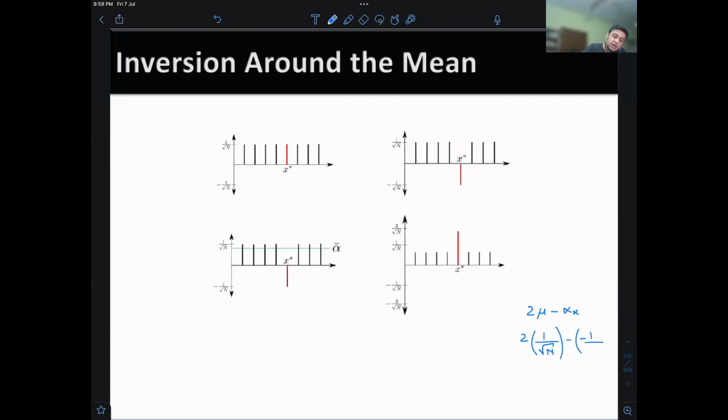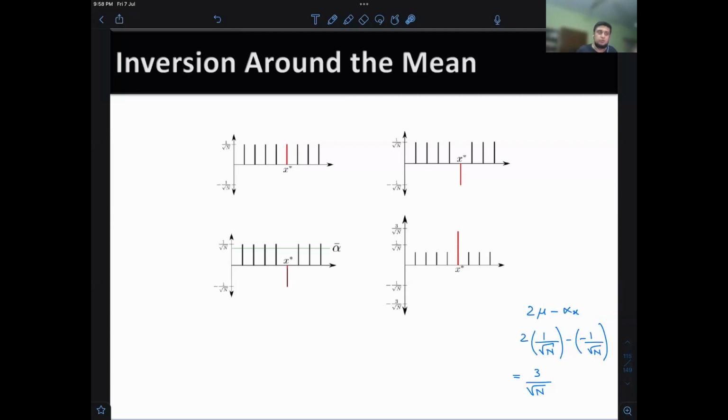So you get minus of minus 1 over square root of n over here. And see that the constructive interference ends up making this 3 over square root of n. So an amplitude that was previously uniform, after applying this inversion around the mean, has been amplified for the marked item that we're interested in finding: it has gone from 1 over square root of n to 3 over square root of n.